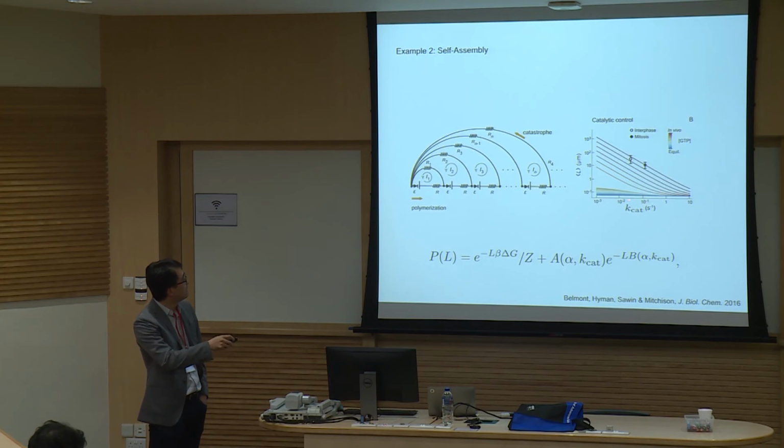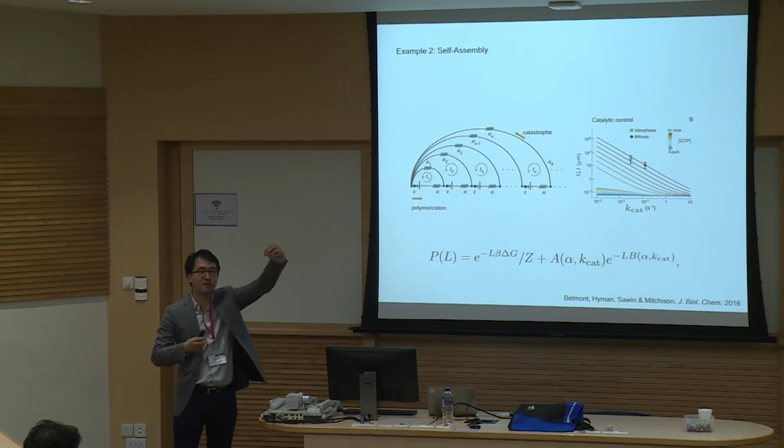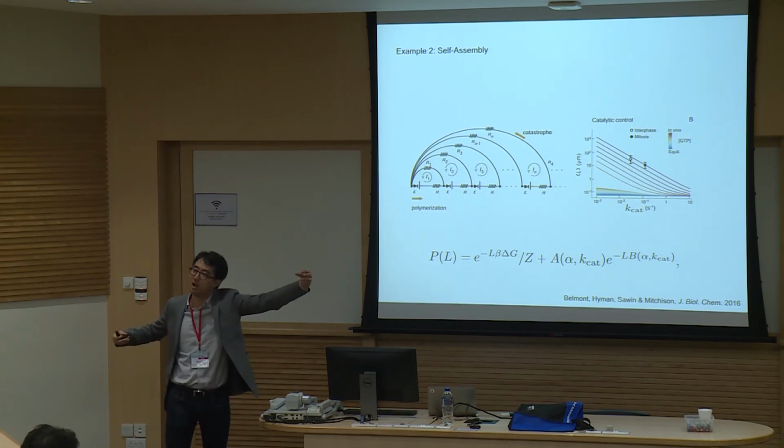Basically, if you drive it close to equilibrium, you get almost no effect from the catastrophe rate constant. But if you drive it sufficiently far from equilibrium, you have a linear effect on your catastrophe rate. This is something you can't achieve at equilibrium. This is a rate constant of a process that only affects the end cap of your really long filament.